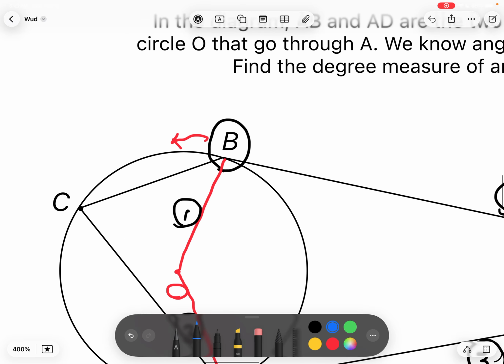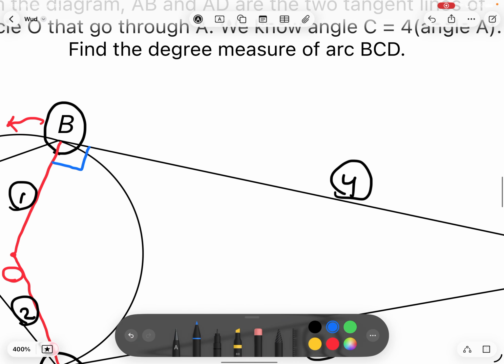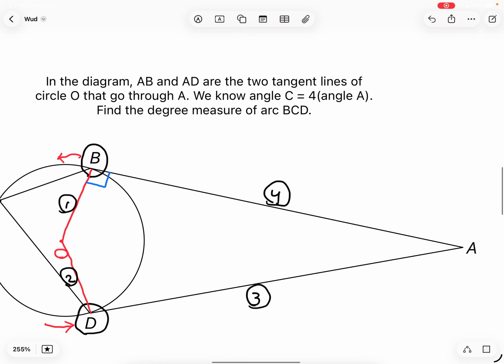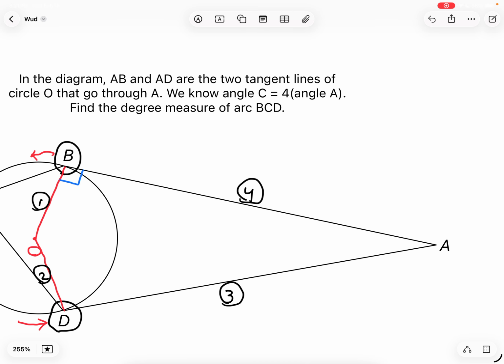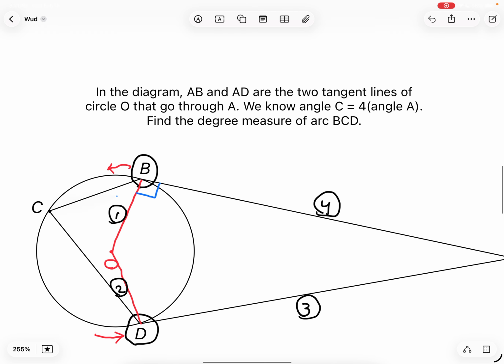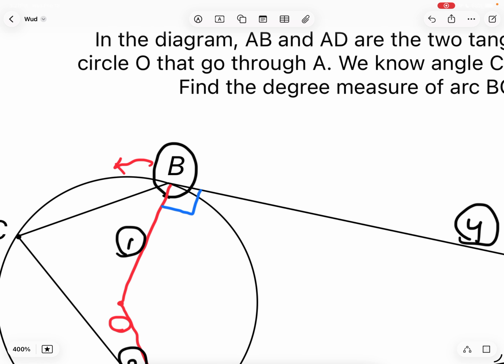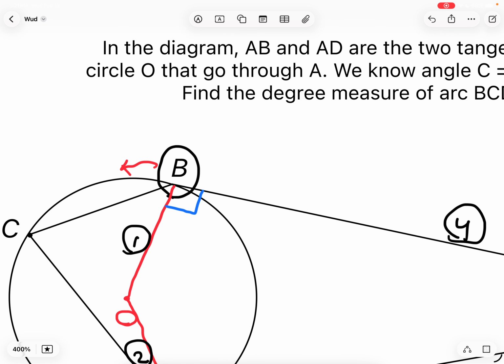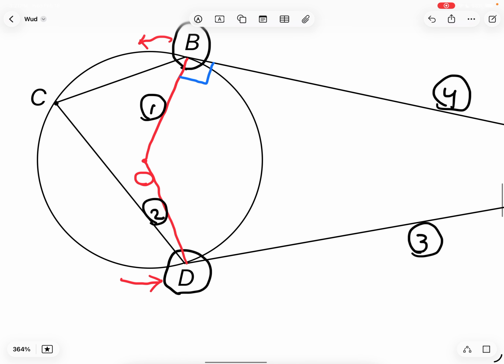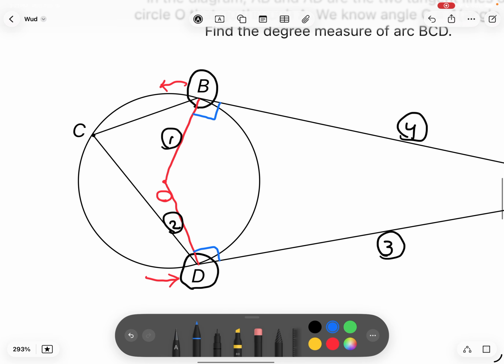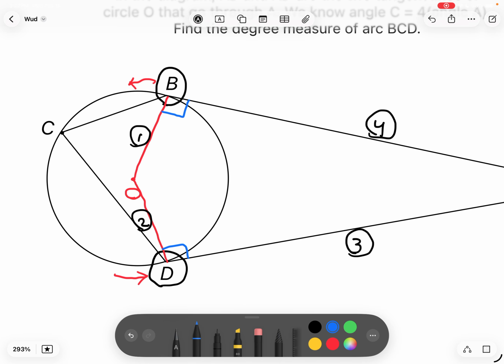We also know that this angle must be 90 degrees, because the intersection of a tangent line, in this case AB, with the radius of the circle at the tangent point, which is OB here, is always going to be 90 degrees. It's always a right angle from the radius to the tangent line. Same thing over here, because the other line, AD, is also a tangent line. So we know two angles of this quadrilateral already that give us 180 degrees.